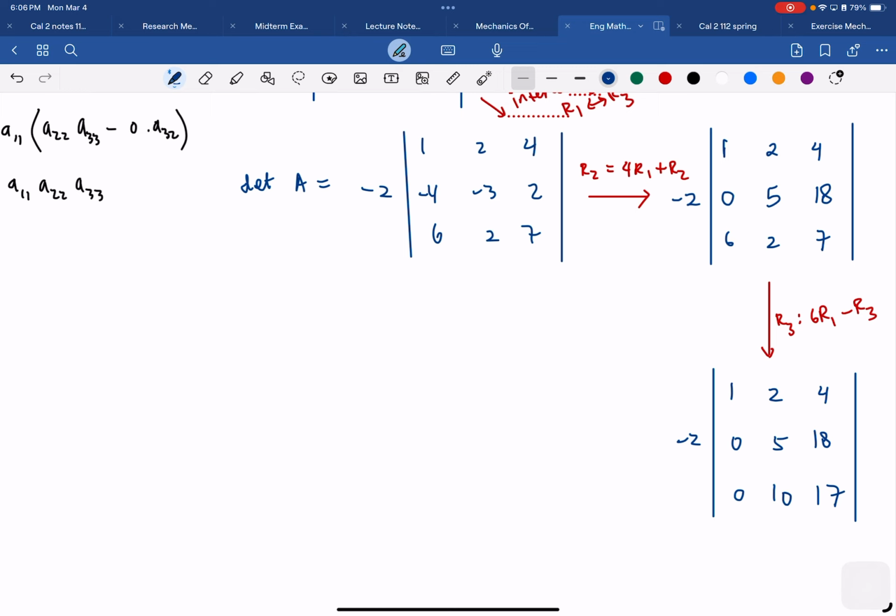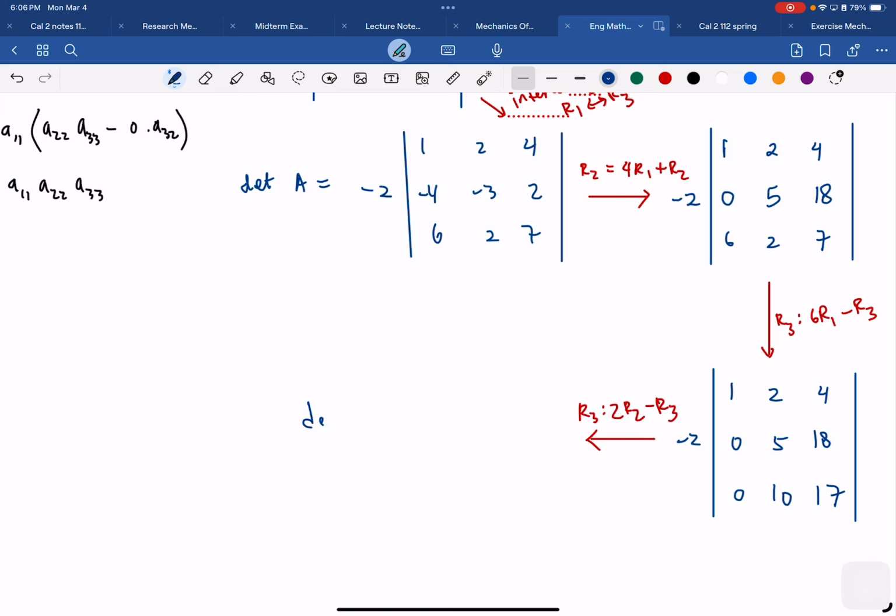And then I would like to make the 10 become 0. So I will like to reduce that. So a new row 3 is going to be 2R2 minus R3. Okay.